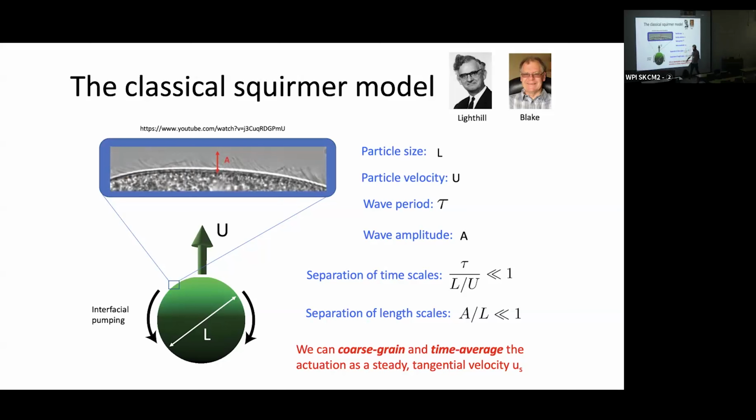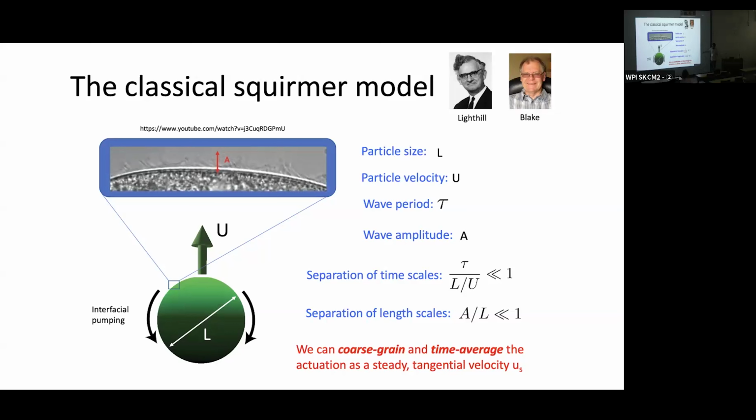So I have a separation of size scales, a over L. And let's say our swimmer is also very slow. So you get many periods in the time it takes this swimmer to move one body length. So we have a fast time scale, the time scale of the waving, and we have a slow time scale, the time scale of displacement of this squirmer.